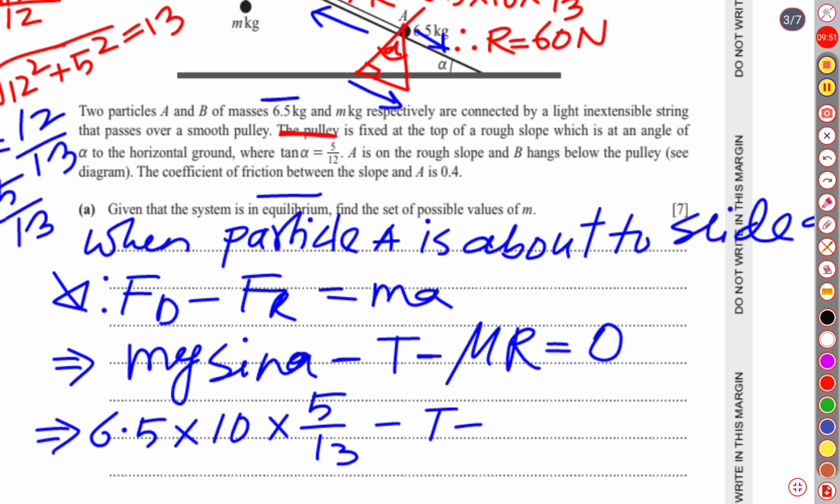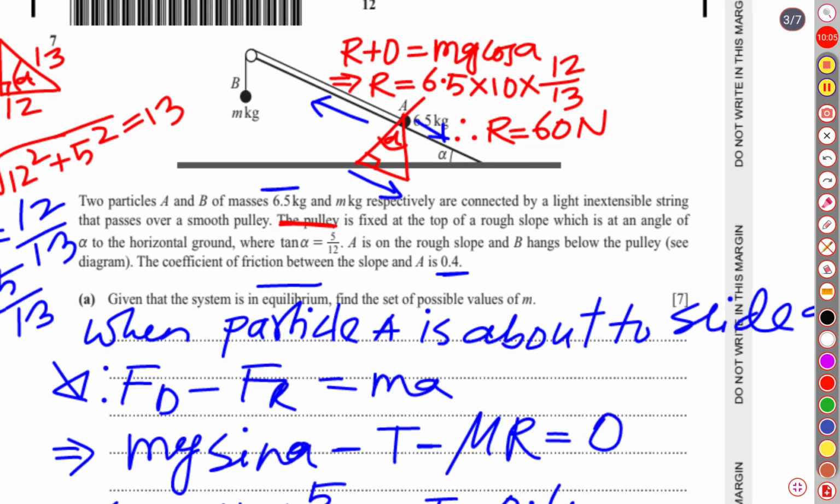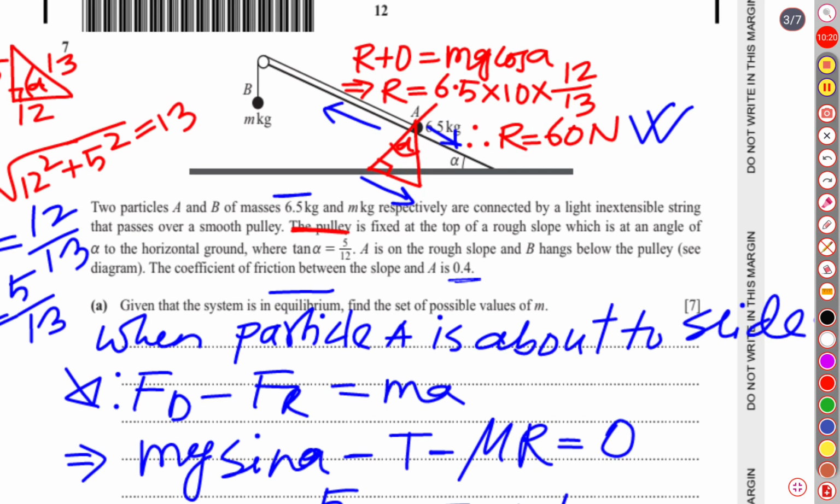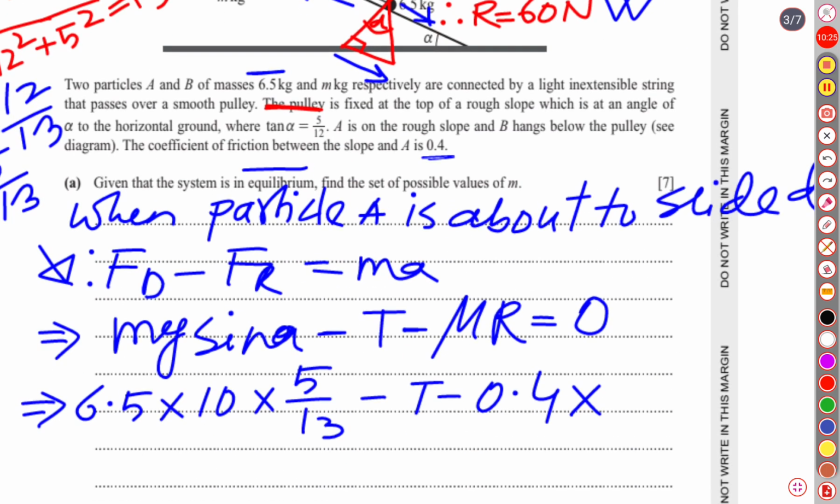Minus mu, our frictional coefficient, which is 0.4, and our normal reaction force R, whose value we have already obtained, which is 60 Newton. So let us substitute 60. It is equal to 0.